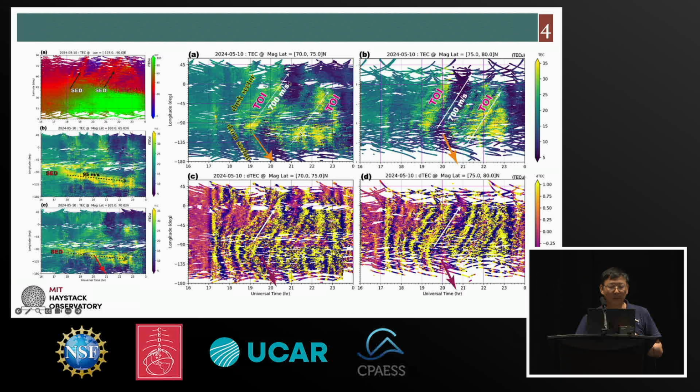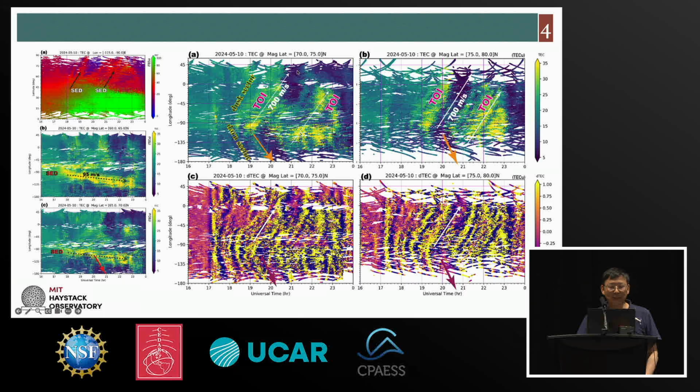So when you see a structure, which is the tongue of ionization, moving this way, which is eastward, that's indicating the structure is anti-sunward because this is in the dusk sector. When the structure is moving eastward, it's actually anti-sunward.